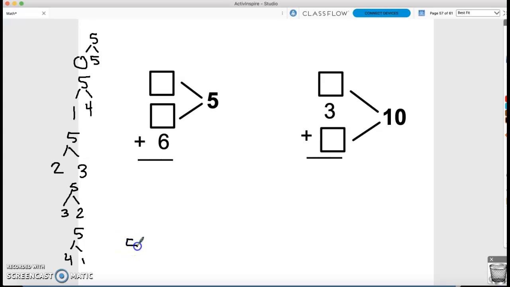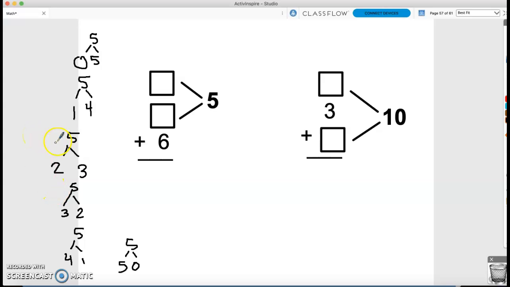And 5 can be 5 and 0. So I can use any of these combinations because any of these are equal to 5.